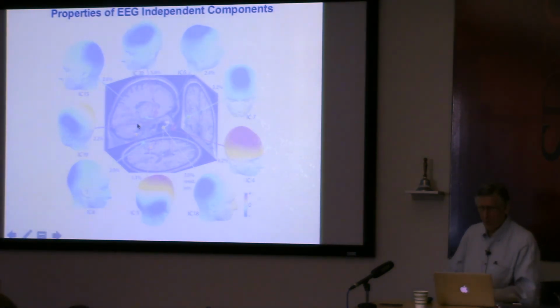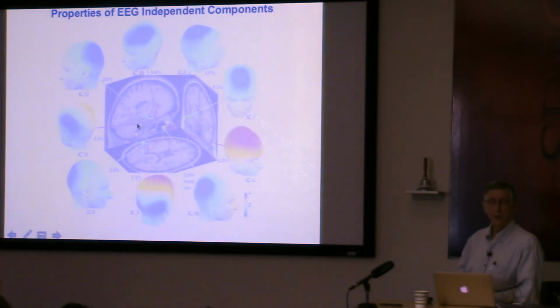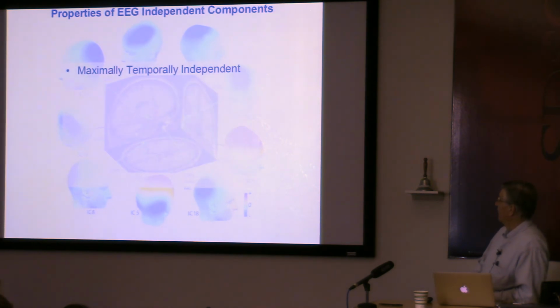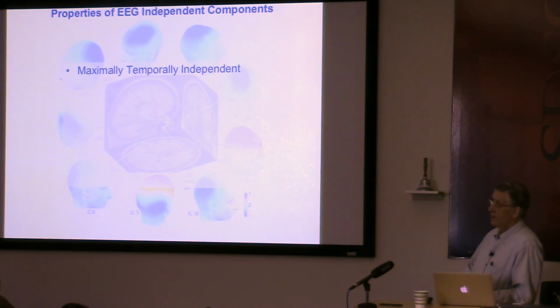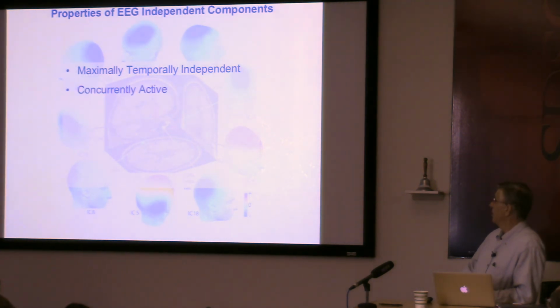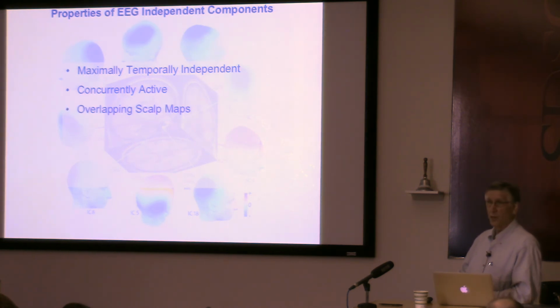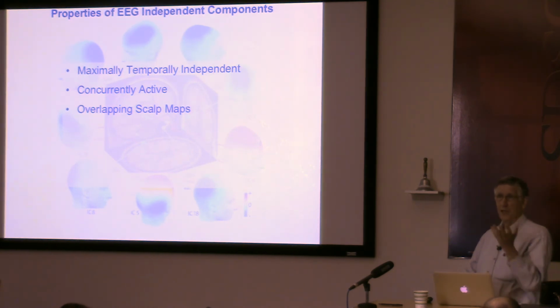Okay, so what are the properties of independent components that make them so useful for source-resolved EEG brain imaging? They're maximally temporally independent. That's how they're defined mathematically. So in a sense, they do different things, but they're concurrently active typically. And they can be separated from each other in a way that no other filtering can do. They have highly overlapping scalp maps, so they give you much more spatial information than is available in the scalp data itself.